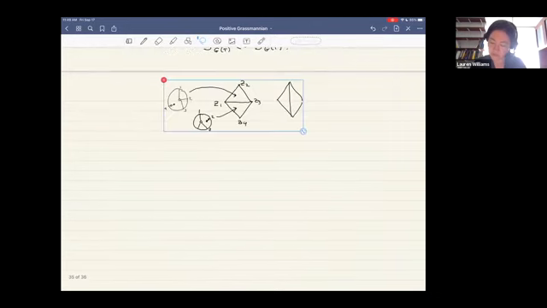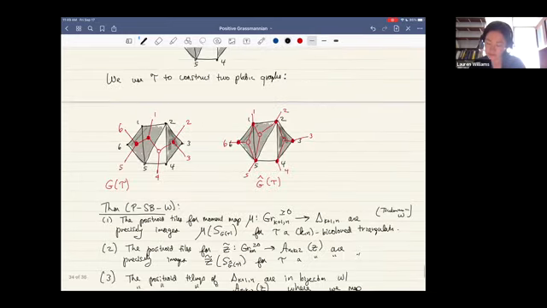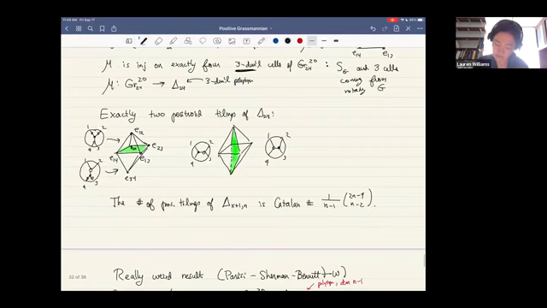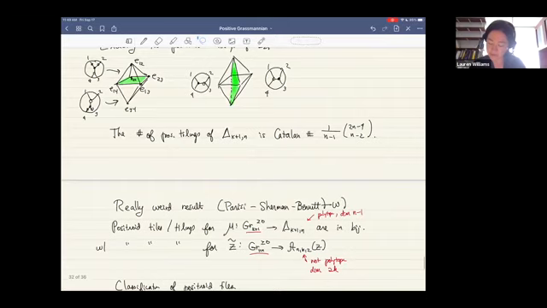So on the one hand, we have two positroid triangulations of the amplituhedron. And on the other hand, we have two positroid tilings of the hypersimplex.